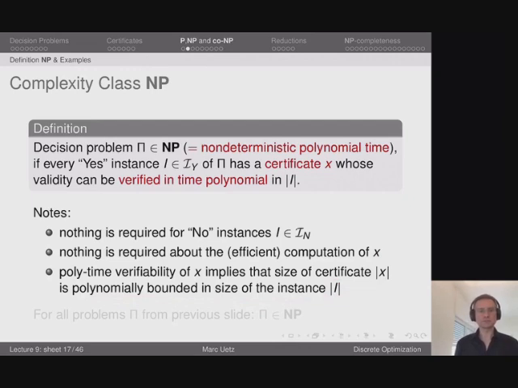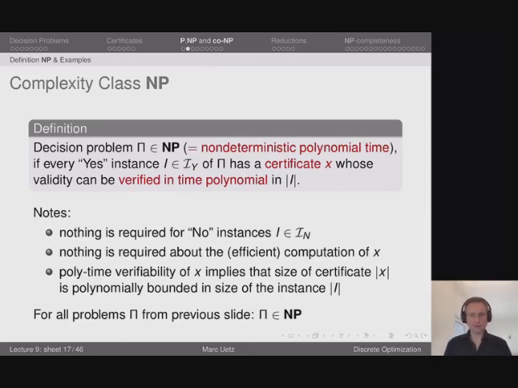And as I already said, all problems from the previous slide are part of this complexity class NP. And the certificate in most cases is just the corresponding feasible solution that achieves a certain value.